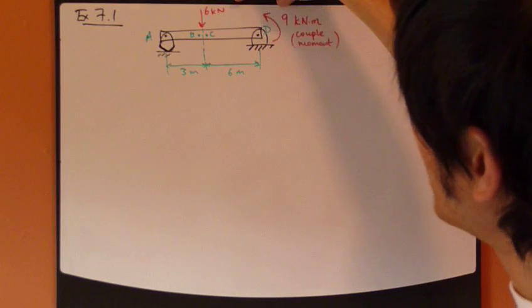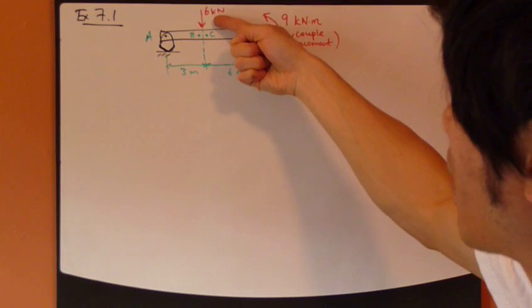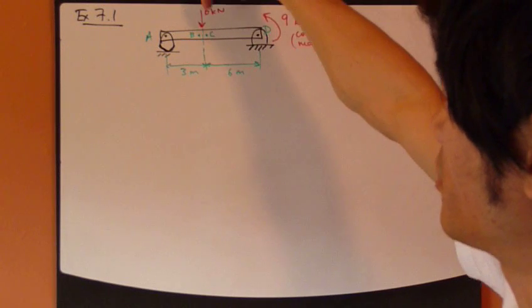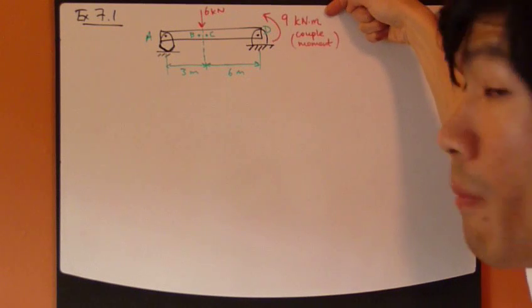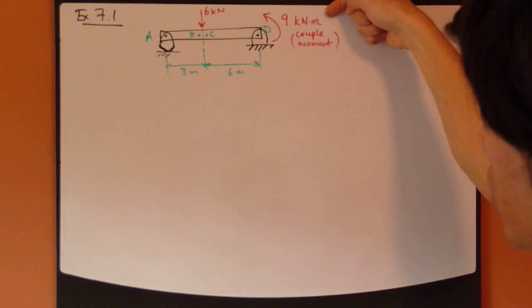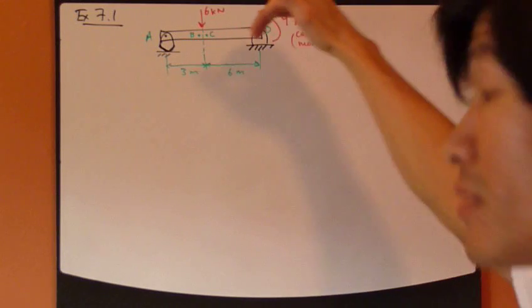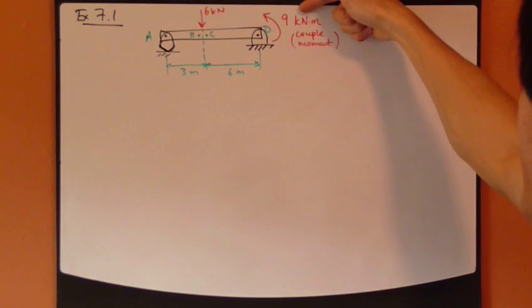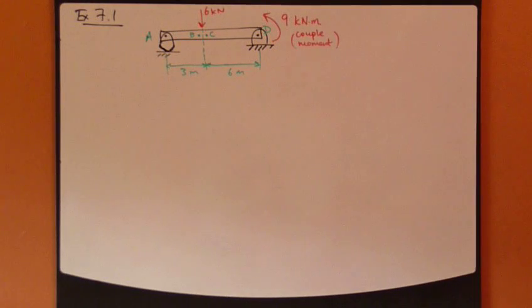Now, there are two external loads going on. First, you have this 6,000 Newton force coming straight down at this position. And also you have this couple moment being applied, an external moment applied counterclockwise, 9,000 Newton meter of moment.